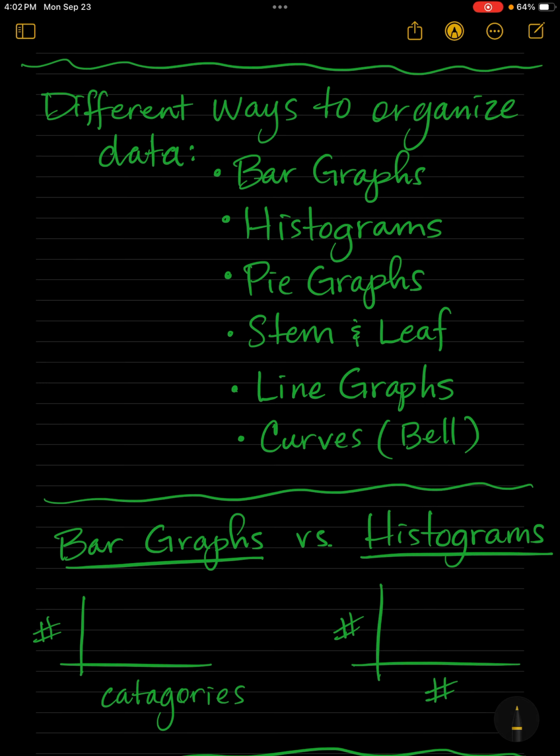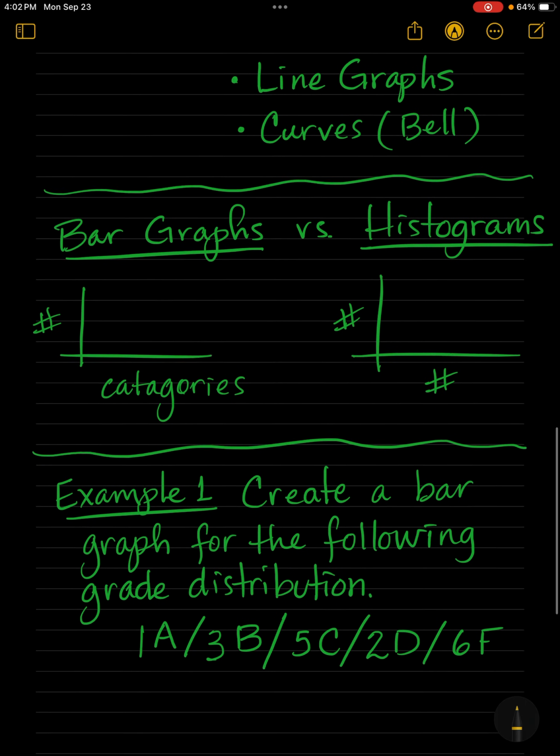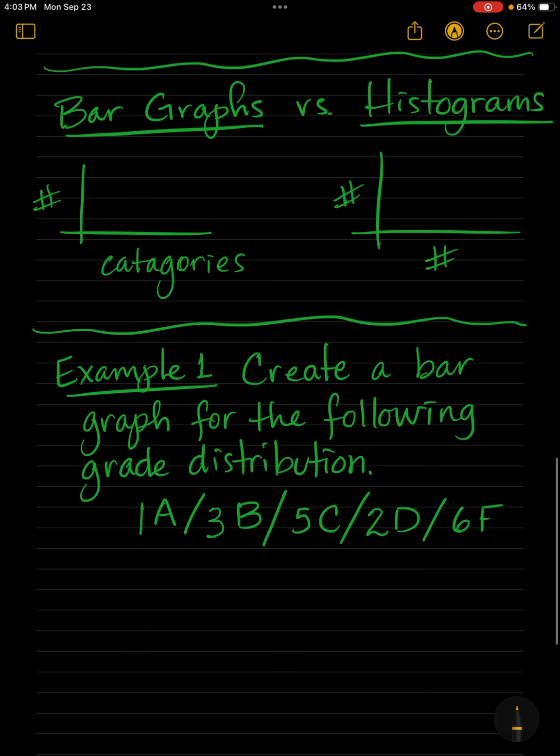Within this unit, we'll be discussing different ways to organize data. Today, we're going to look at bar graphs, but there are several other ways, and those are just a few. I do want to make sure you know the difference between a bar graph and a histogram, because they can really look the same.